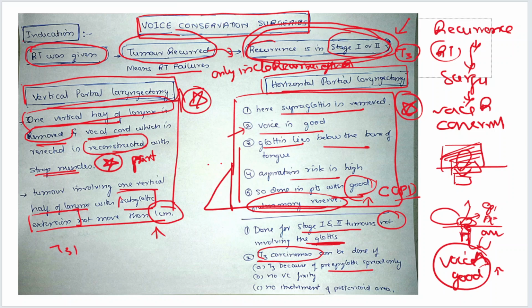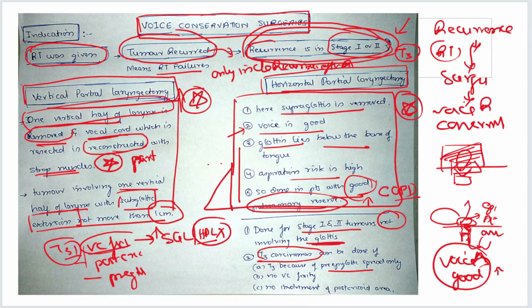Now we said T3 if there is vocal cord fixity, if there is post-cricoid involvement, if there is pre-epiglottic involvement. Any of these three will put the patient in T3. If the vocal cord is fixed, which means glottic involvement, supraglottic laryngectomy or horizontal partial laryngectomy cannot be done. And post-cricoid again, because we are not going near the glottis, you cannot remove the post-cricoid area.